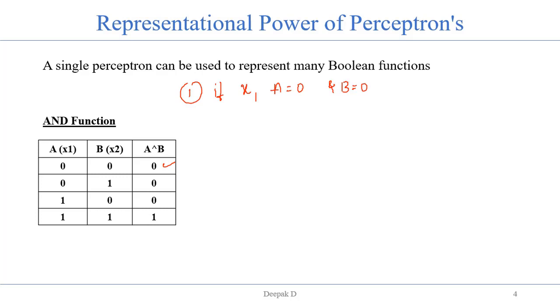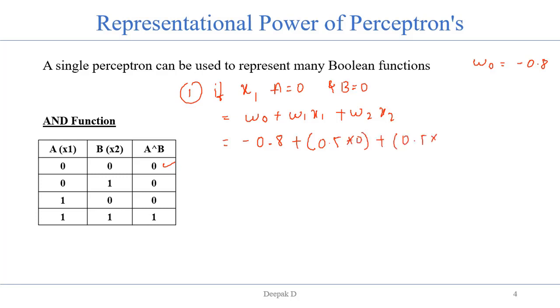According to the formula, the output will be given as w0 plus w1 x1 plus w2 x2. Let's substitute these values. We have already set w0 as minus 0.8. So minus 0.8 plus 0.5 into 0 plus 0.5 into 0.